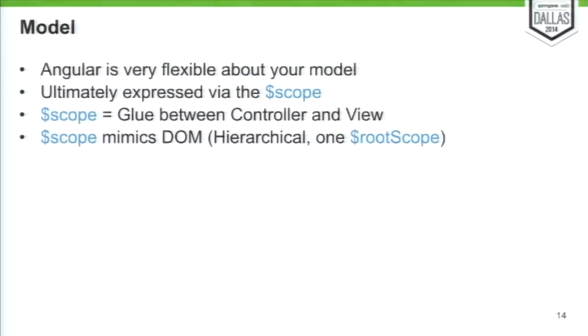So I have my controller and my view, and in order to communicate between both, I use the scope to store values, but also potentially functions that my UI can trigger. So it's the glue between the controller and the view.